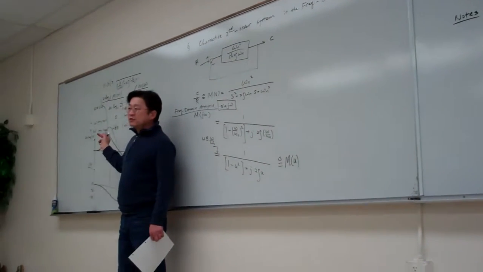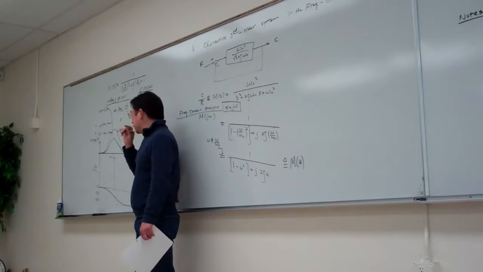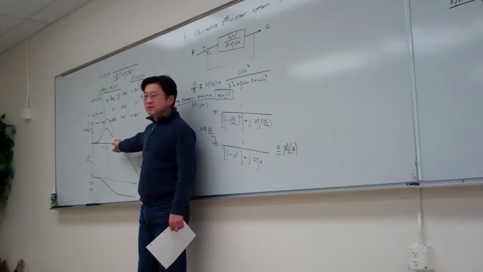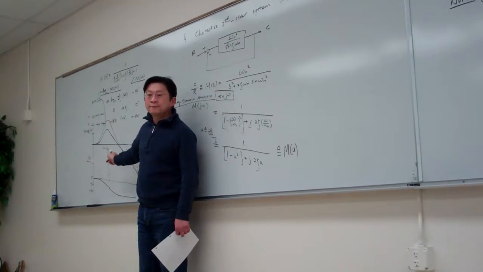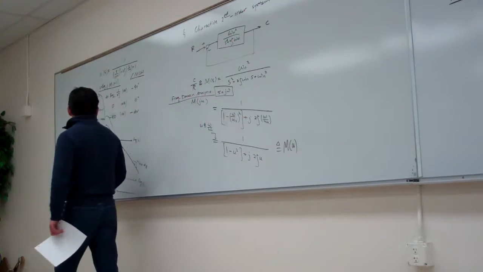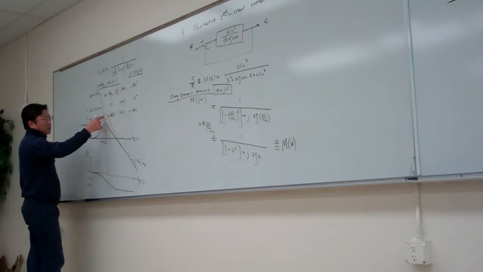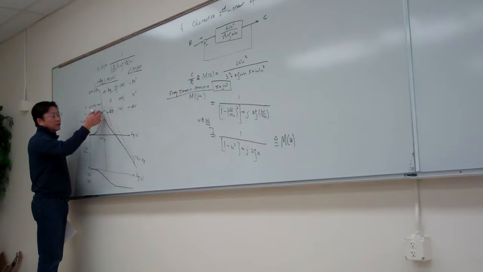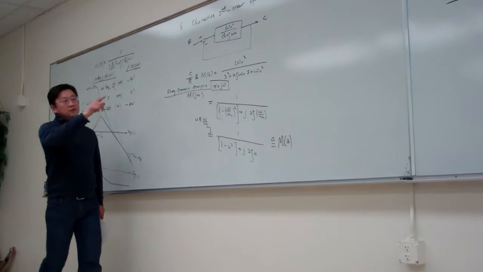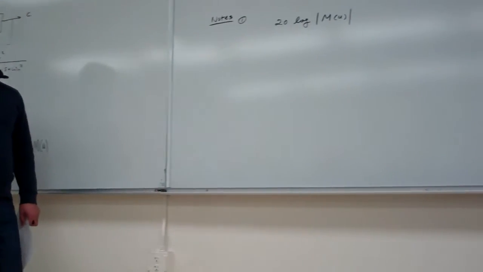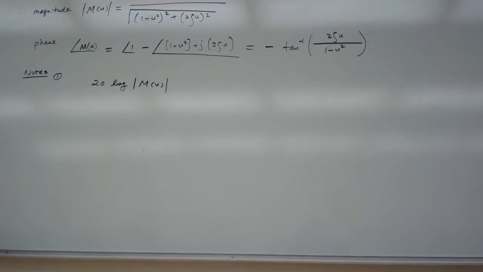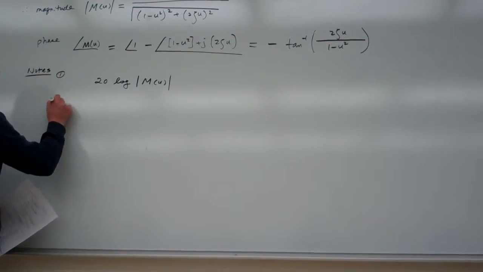So if you keep changing u, which means you keep changing omega, and trace the points, you will get this curve drawing. Okay, that's the first one. And the second one, in our schematic drawing, we know the peak will be somewhere nearby the resonance frequency. And we can use this equation to precisely calculate the magnitude of the peak and where it occurs.